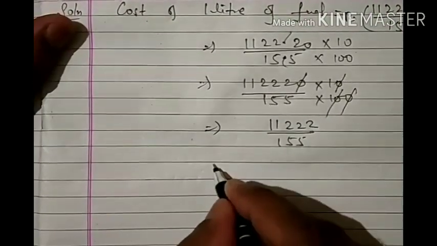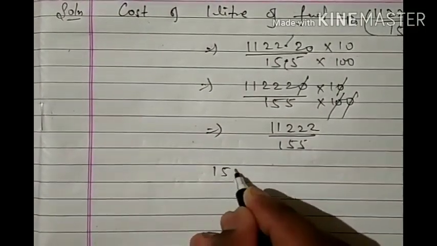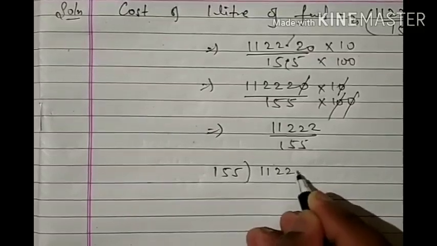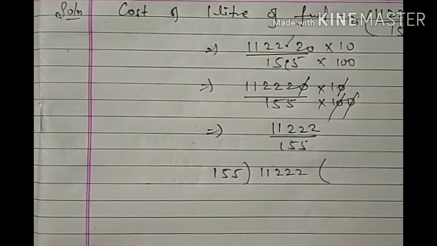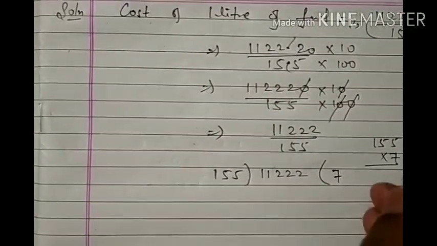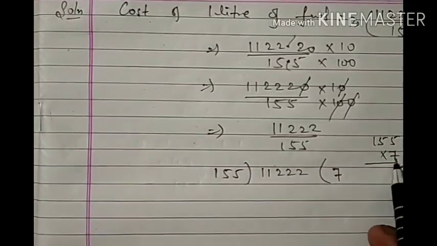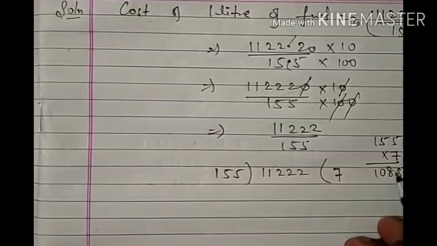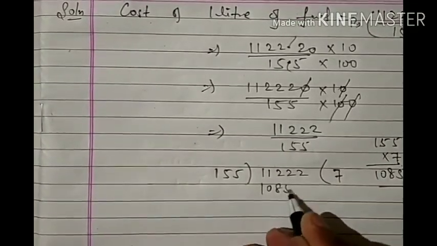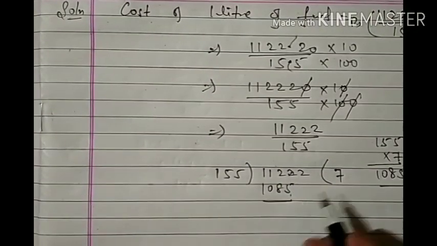So let's solve it. 155 divided into 11222. 155 multiplied by what? We can write 7, just 7 times. 155 into 7. 5 7s are 35, 5 carry 3. 5 6s are 30, 5 1s are 5... 15 into 7 is 105, and 105 and 3 will be equal to 108. 1085. 12 we will take on carry 1. 12 minus 5 is 7.